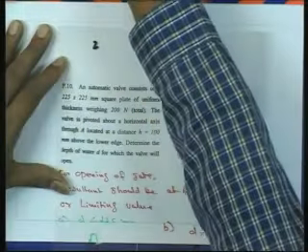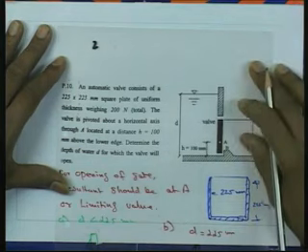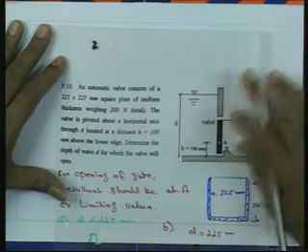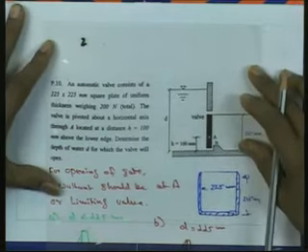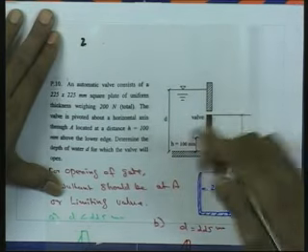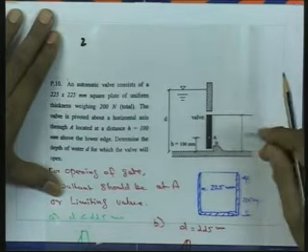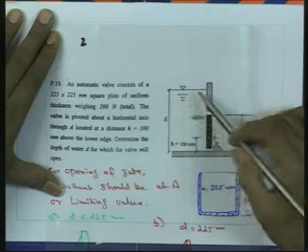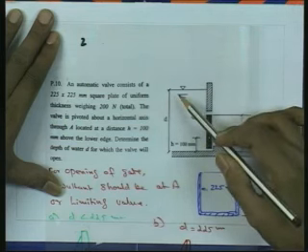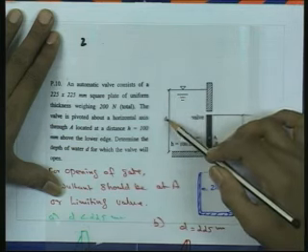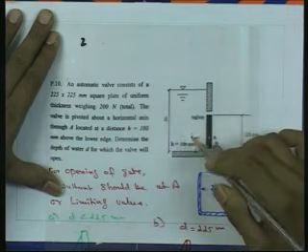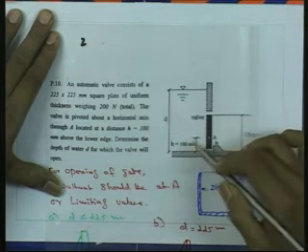The first example is a problem with a sluice gate. You can see in this figure a sluice gate, and on the upstream there is water. We want to find out the depth of water for which the valve will open.